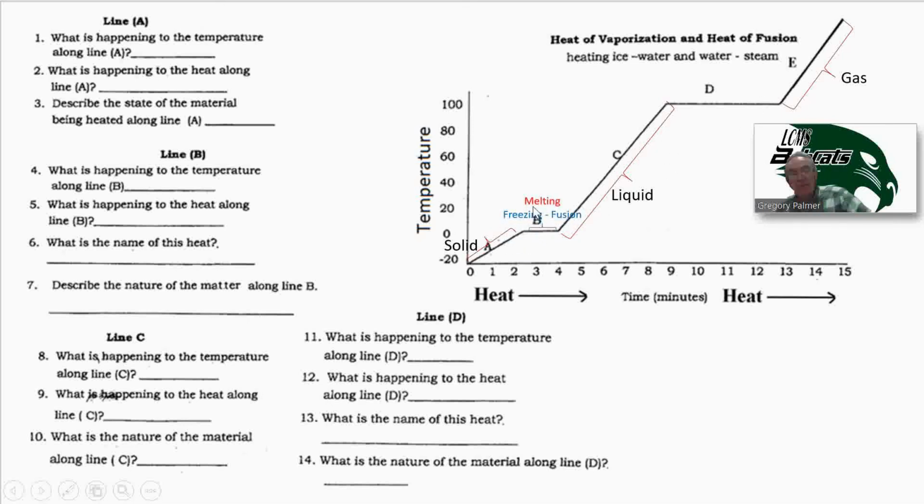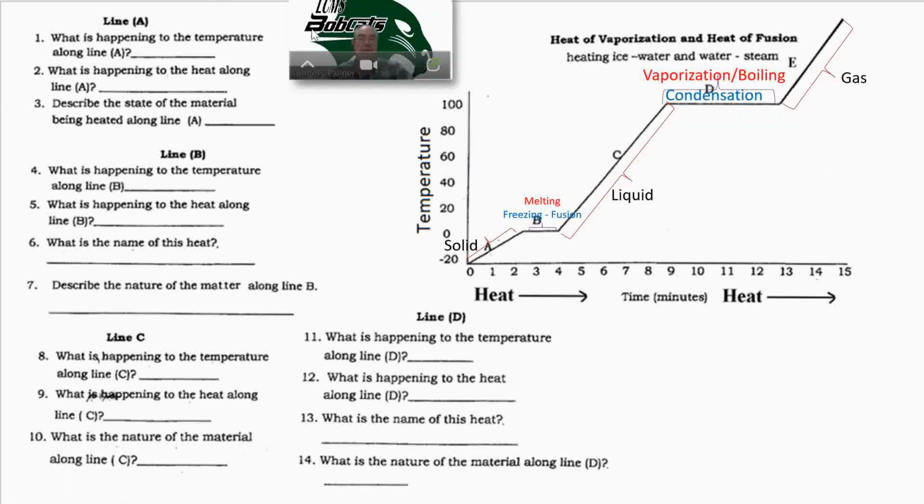The time when the temperature is staying the same is when it's melting, or freezing when the particles are fusing back together. Up here is vaporization or boiling. If we're cooling it, it's when it's condensing and going from a gas back to a liquid.